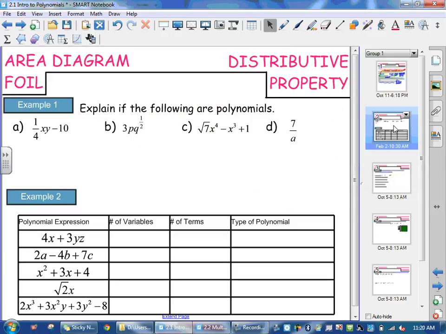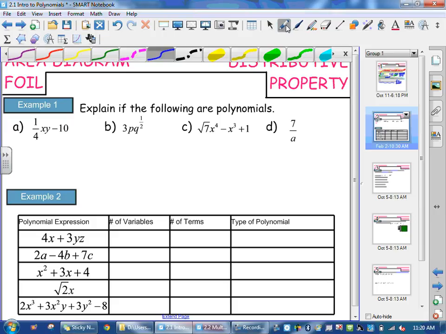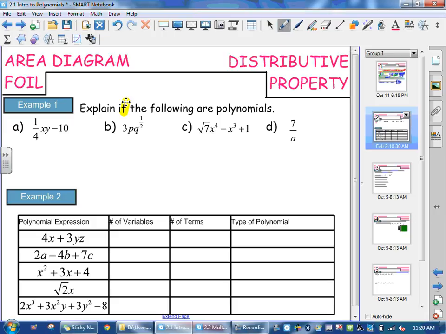Next page, if we take a look, it says explain if they're polynomials. If it's not a polynomial, it might have an x in the bottom. There's also one other thing that it cannot be. We deal with whole number exponents.